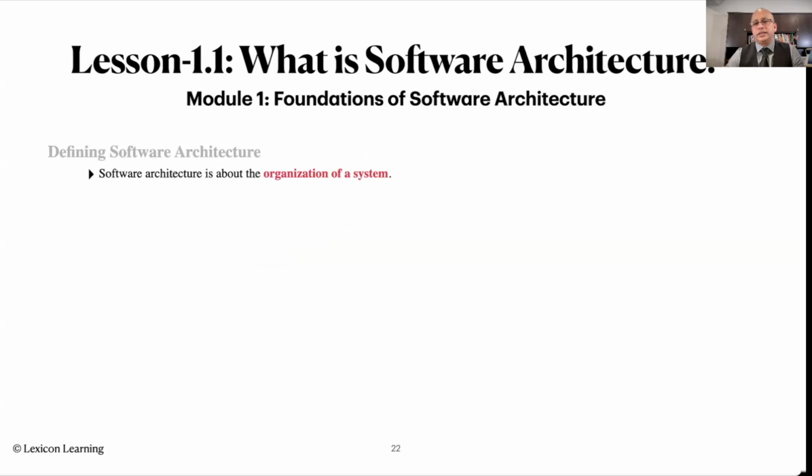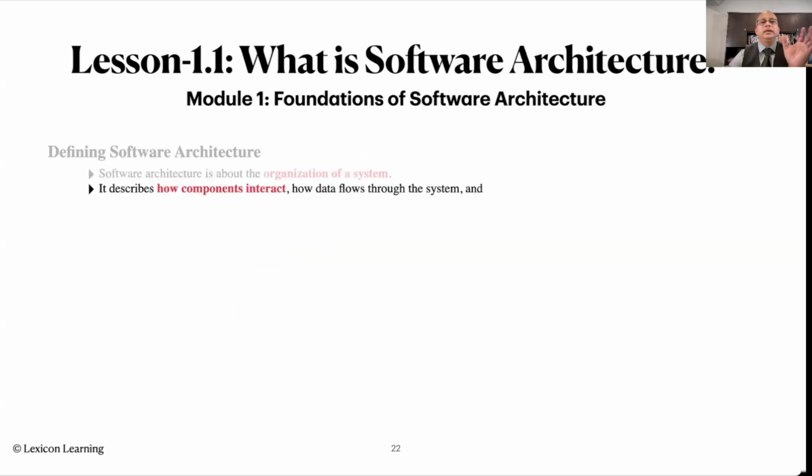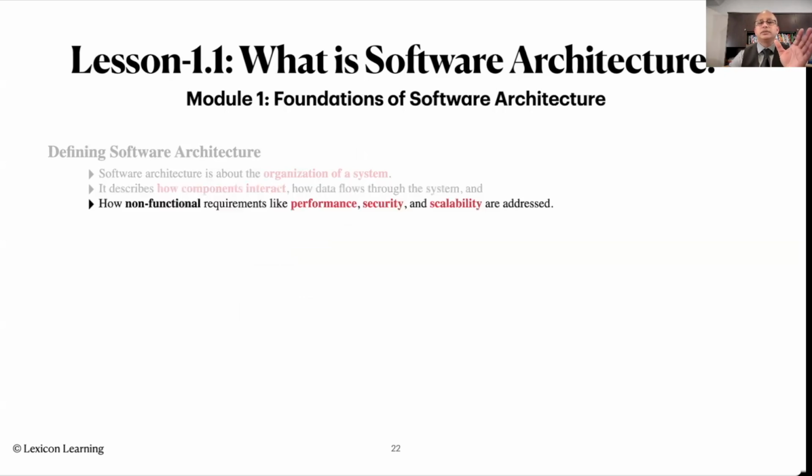What is a software architecture? It's the organization of a system, and it describes how the components interact, how the data flow happens, and also the architecture is all about non-functional requirements like performance, security, and scalability.